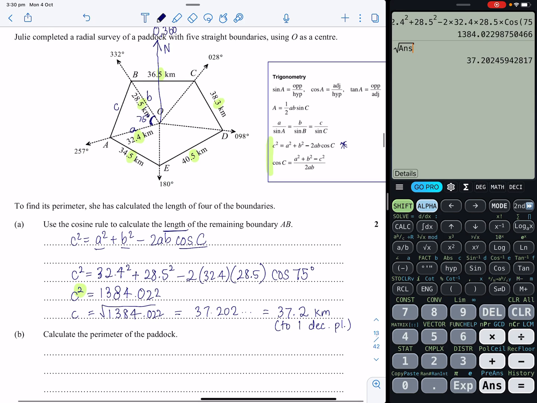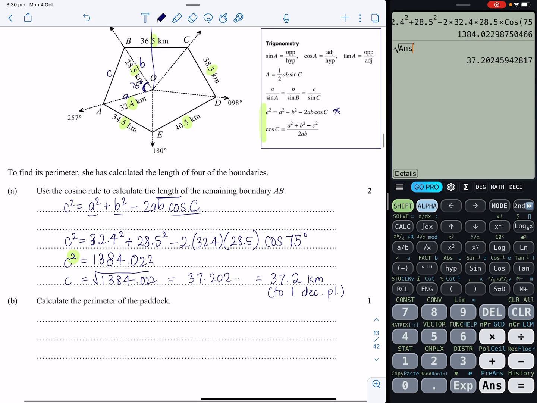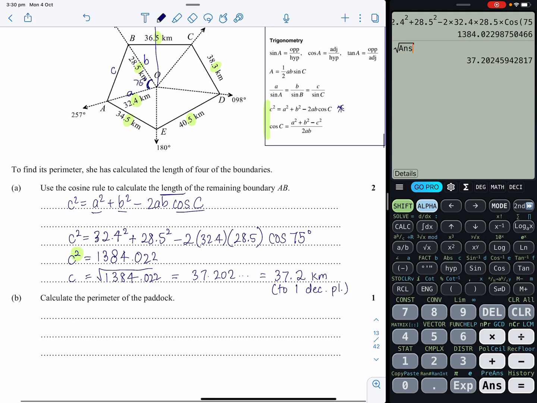Now it's asking to calculate the perimeter of the paddock. So to work out the perimeter of the paddock, we are literally adding all of the numbers together. So we're starting at 36.5 plus 38.3. Now it's important to write out the working.